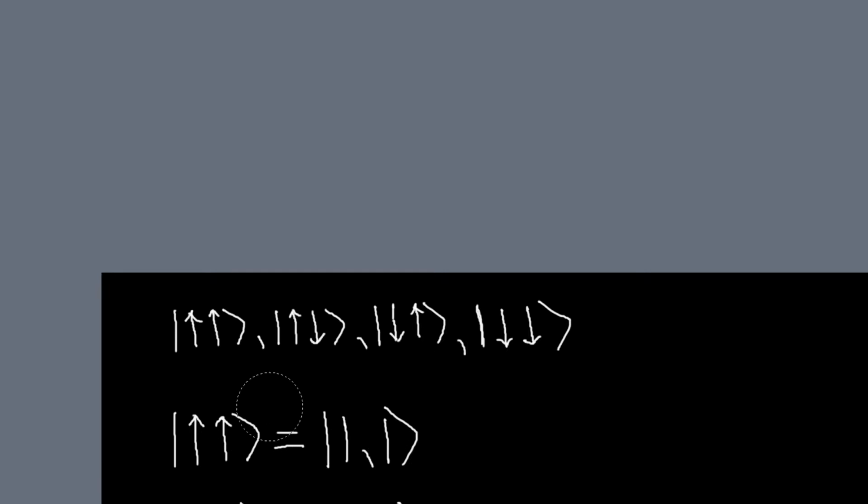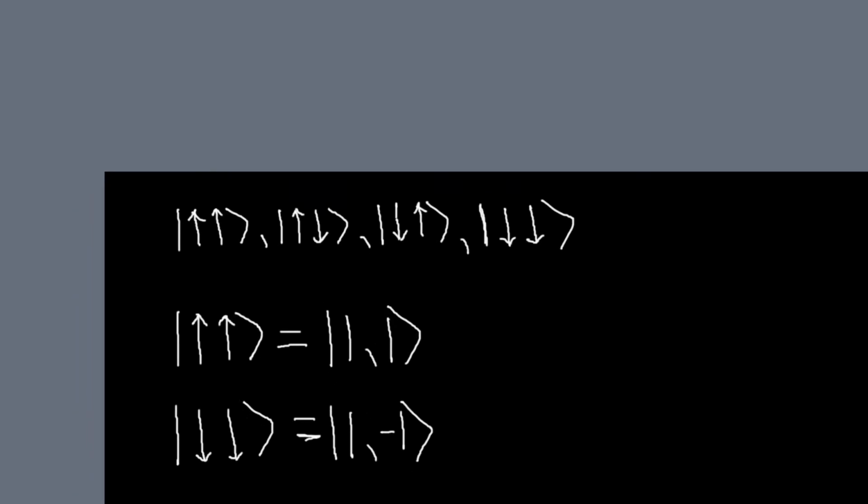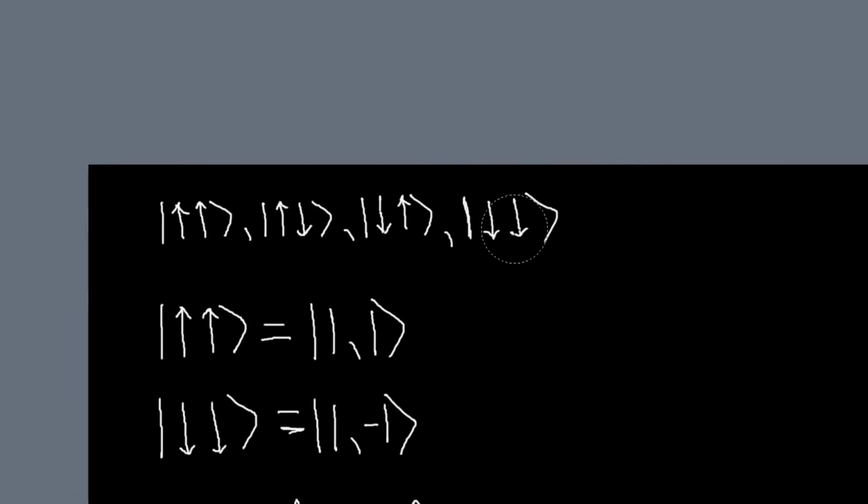In other words, this basis vector is really the same as this other basis vector. And similarly, if both of our particles are down, that would correspond to a state with total angular momentum 1, but -1 in the z direction.